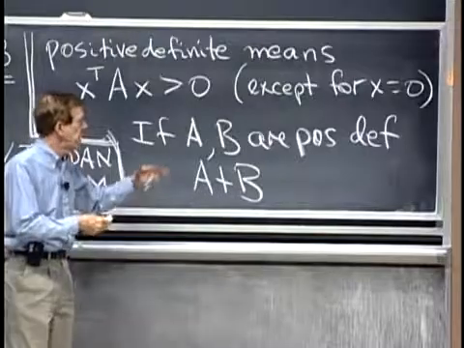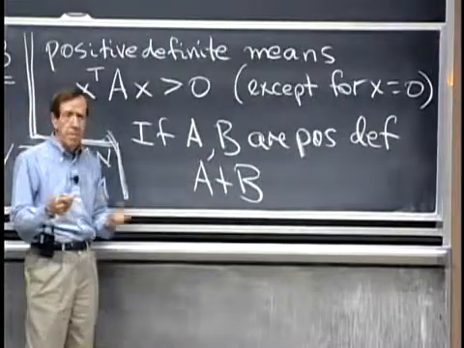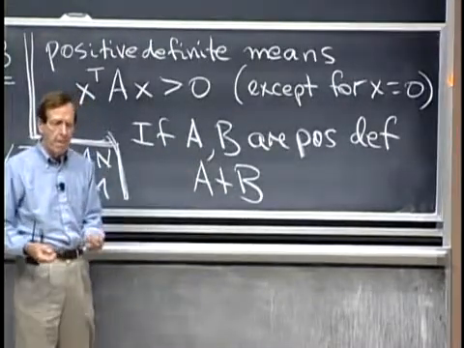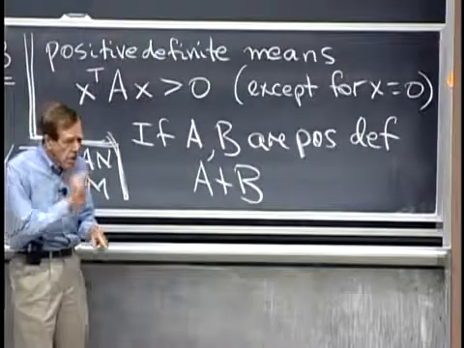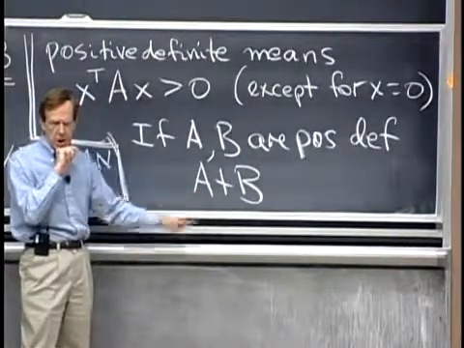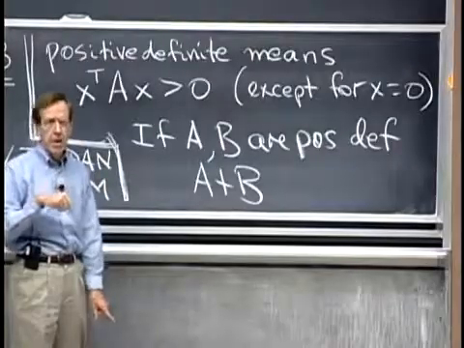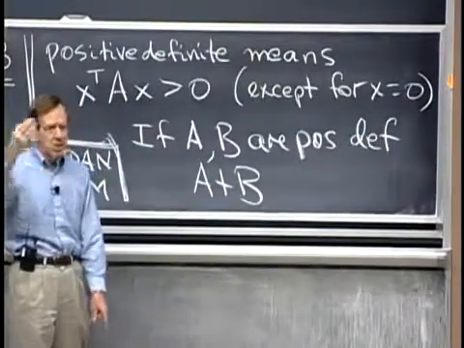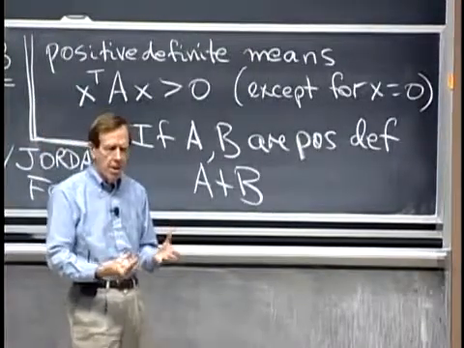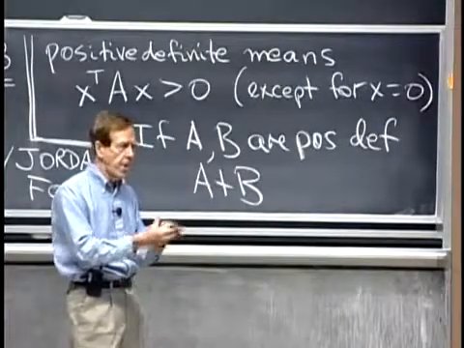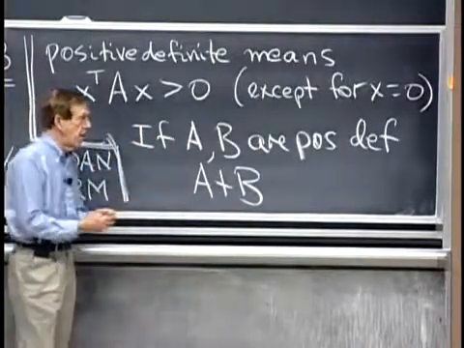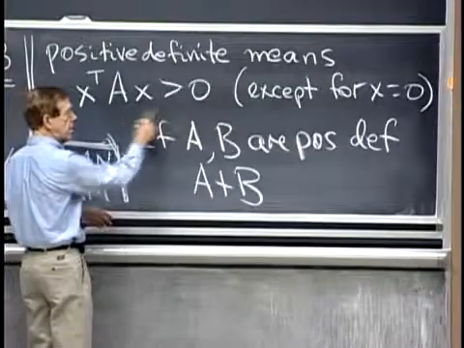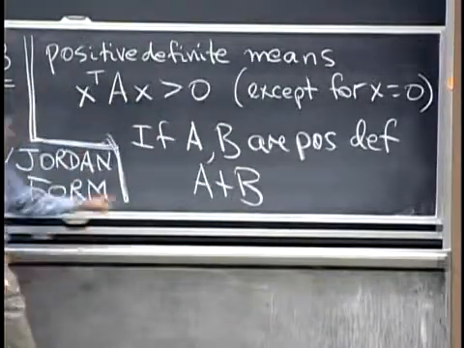Positive definite for a matrix is kind of like positive for a real number. But we don't know the eigenvalues of A plus B. We don't know the pivots of A plus B. So we just have to go down this list of which approach to positive definite we can get a handle on. And this is a good one.